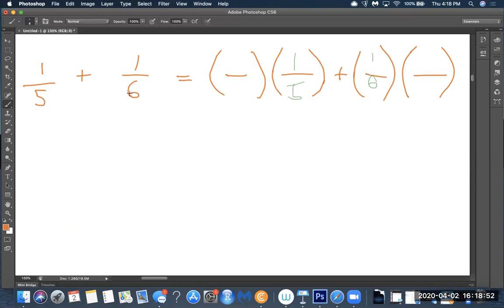So now, what am I going to write in the first parenthesis so that I can get the same number in the denominator? 5. If you multiply by 5, what's 5 times 5? 25. Okay. What would I need to multiply 6 to get 25?